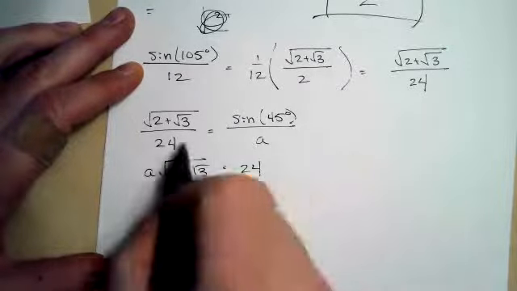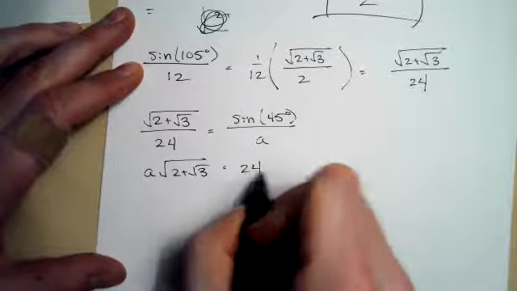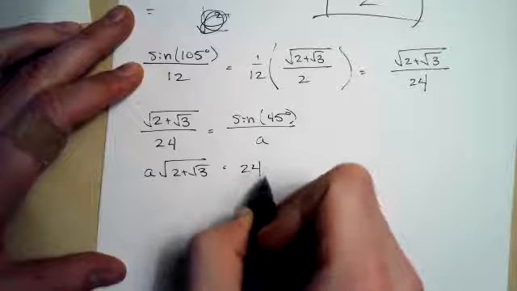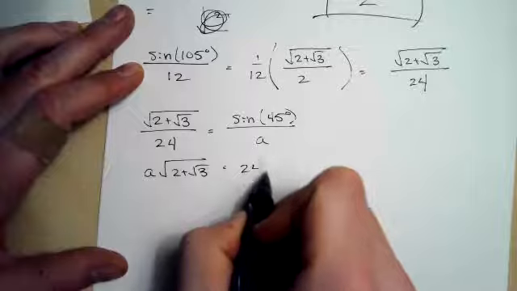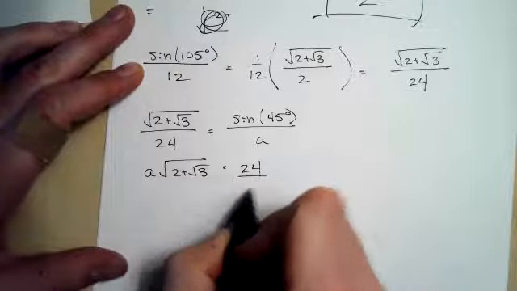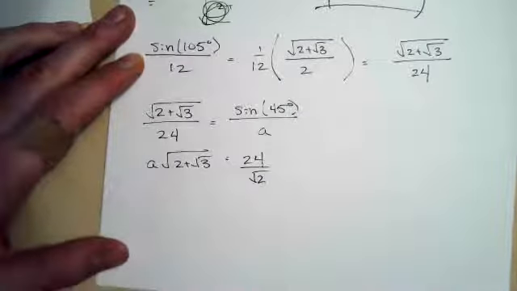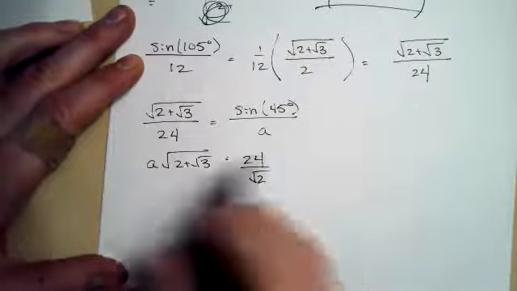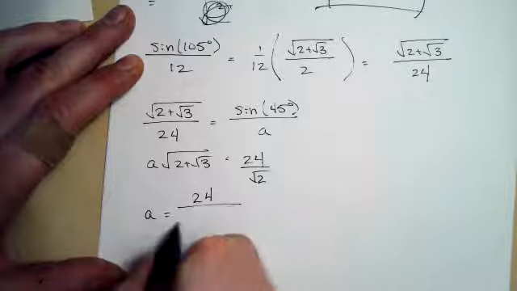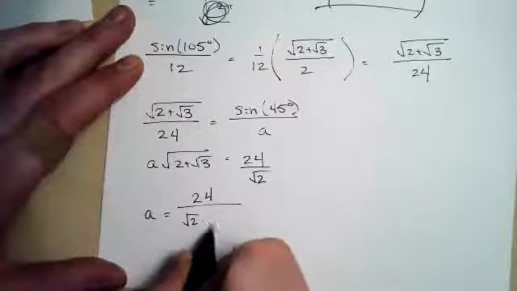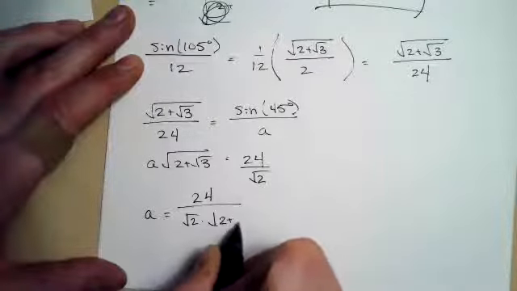What is sine of 45? Write it as 1 over square root of 2, or square root of 2 over 2. Let's write it as 1 over square root of 2. Now divide by this guy. So square root of 2 times square root of 2 plus square root of 3.